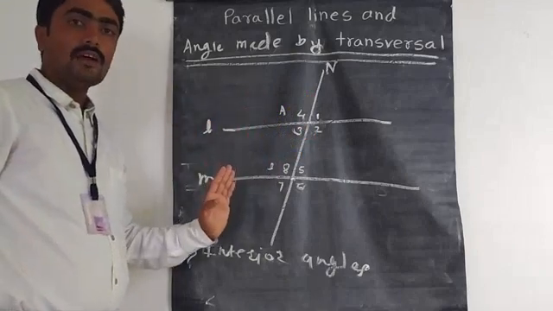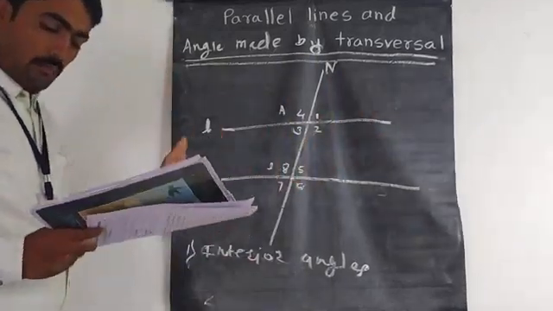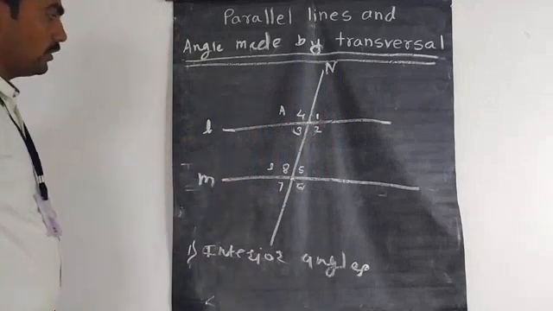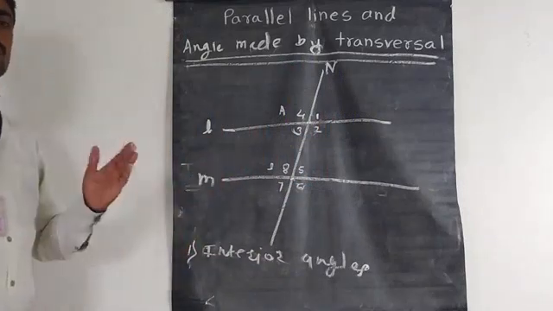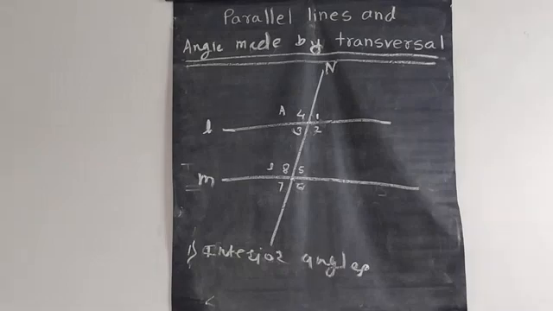A pair of angles which are on the same side of the transversal but inside the given lines is called a pair of interior angles. Once again, listen carefully to the statement: a pair of angles which are on the same side of the transversal and inside the given lines.